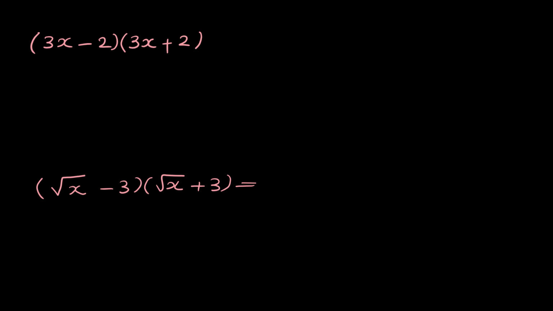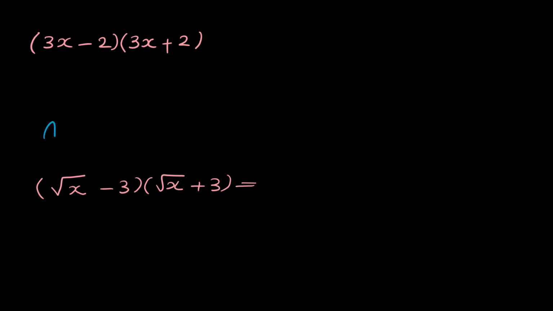And I highly recommend you memorize this important identity. You can use this identity for factoring and for finding the multiplications of expressions. So this identity is really, really important.